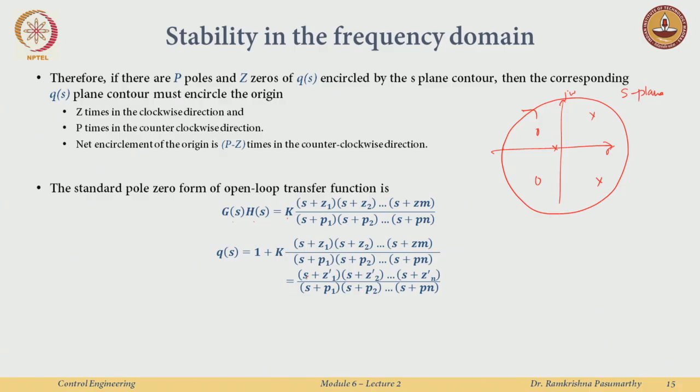I can write this as an equation of the form (S plus P1) till (S plus Pn) plus K times (S plus Z1) till (S plus Zn), over the open loop poles, (S plus P1), (S plus P2), (S plus Pn). This number will no longer be m, but n. So this will also be S power n, and this will have n zeros and n poles.